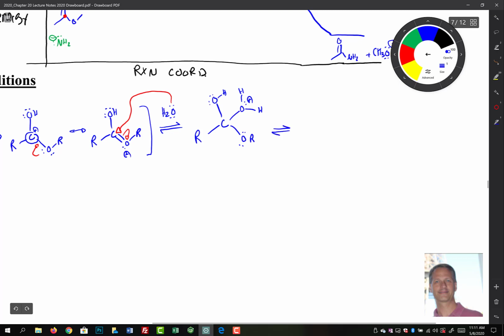Now we need to deprotonate. So we're going to take H2O, and we're going to grab one of these H's. That'll give us our R, COH, another OH over here, and then an OR down there, right?